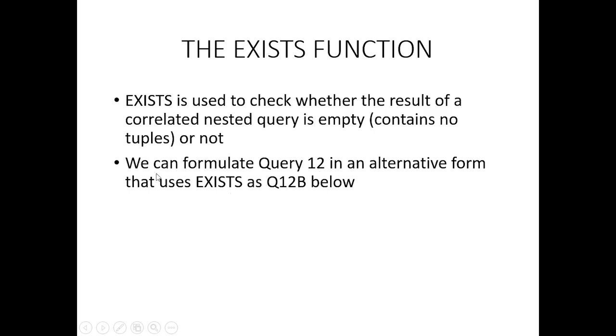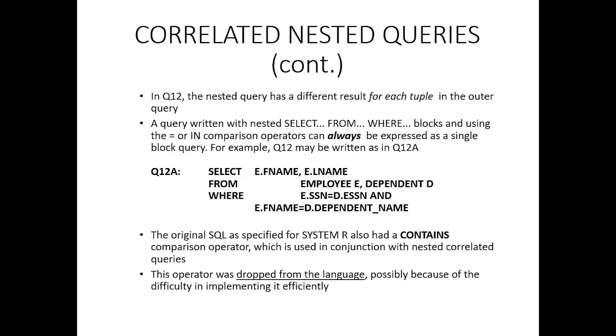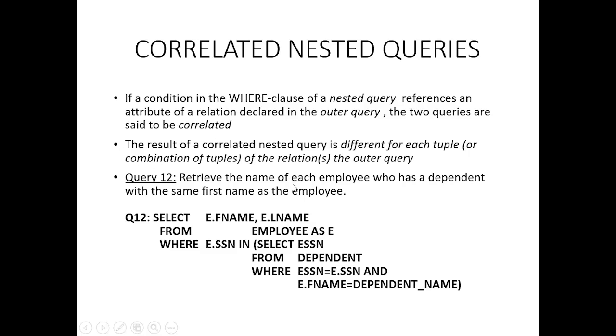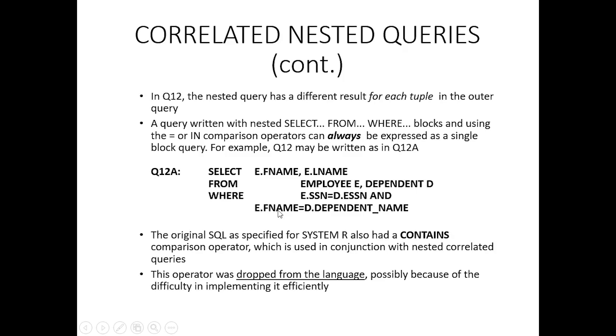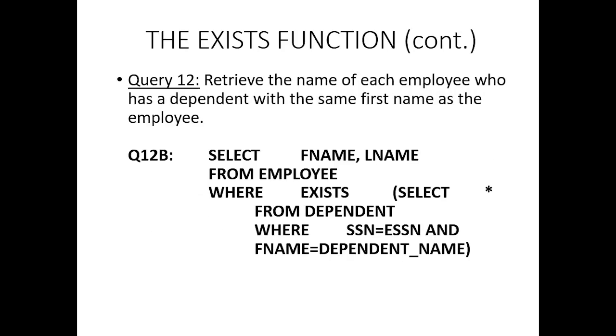So we can formulate query 12 in an alternative form that uses EXISTS. So our query 12 was to retrieve the name of each employee who has a dependent with the same first name as the employee.